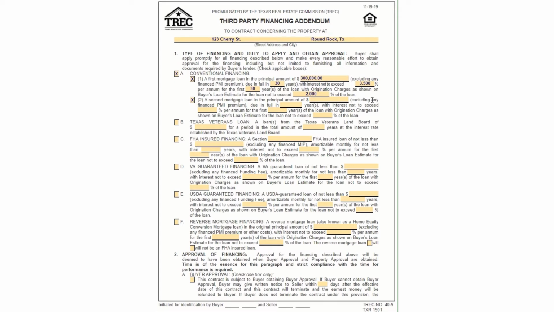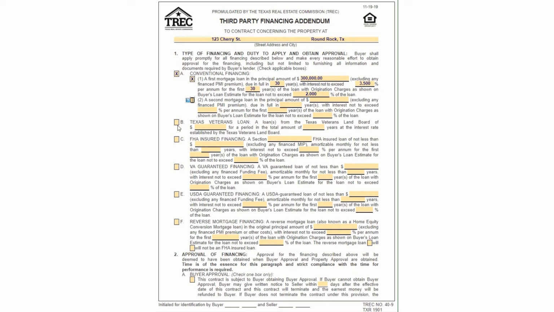So know that, but that's something that you can discuss with the lender or with your buyer. That might help the buyer avoid paying that PMI. But in our case here, we're only going to have 1 mortgage loan.